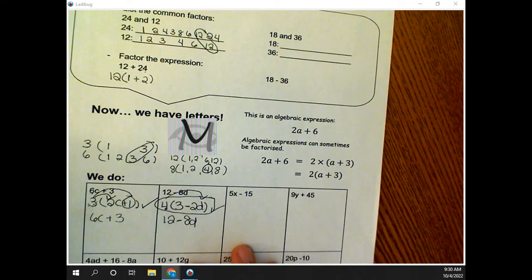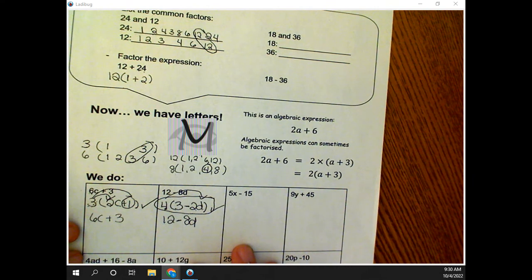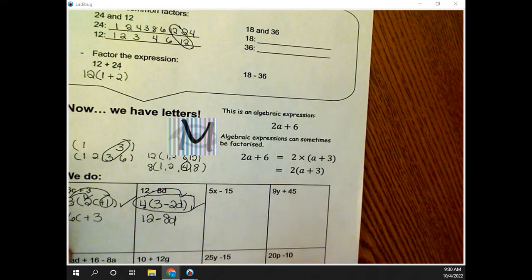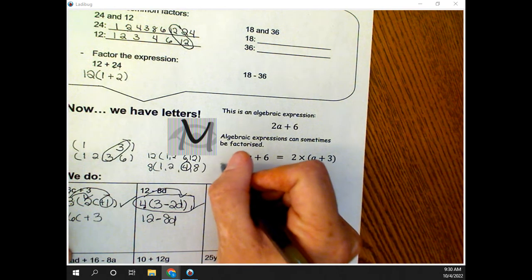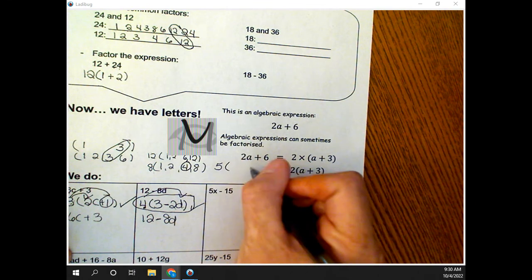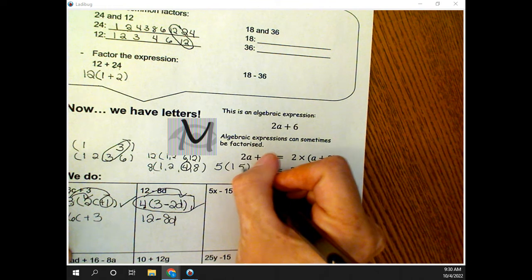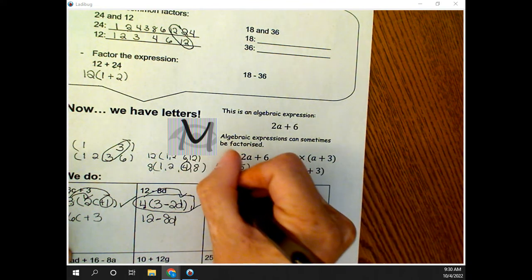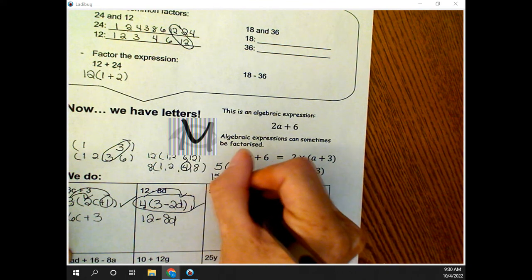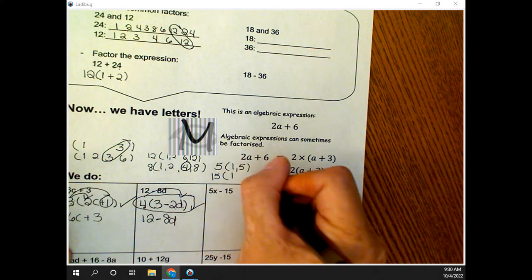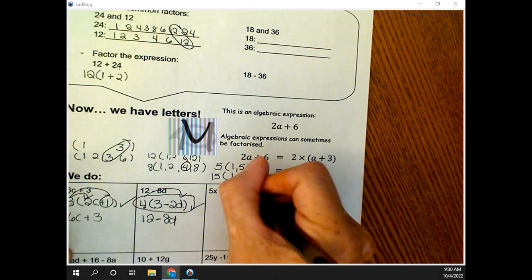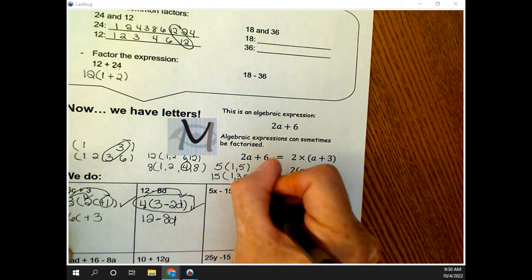Are you starting to slowly catch on? All right, let's look at this one. What do I multiply to get 5? 1 and 5. There's nothing else I can do to it. For 15, I can multiply 1 and 15, and 3 and 5. There's nothing else that I can do.